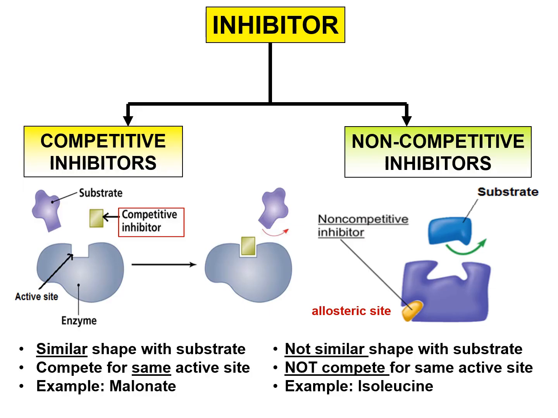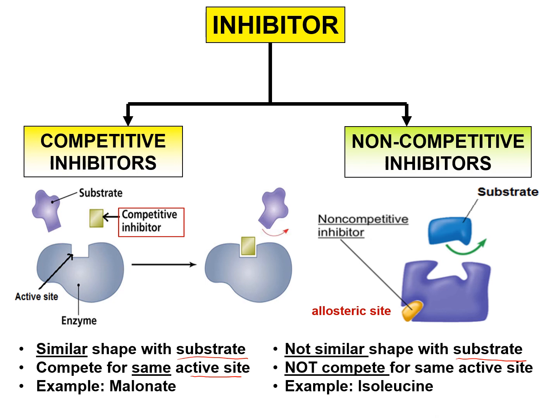So, as a summary, competitive inhibitors have a similar shape to the substrate, while non-competitive inhibitors do not. Competitive inhibitors compete for the same active site, while non-competitive inhibitors do not compete for the same active site.